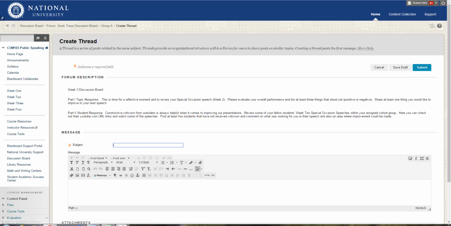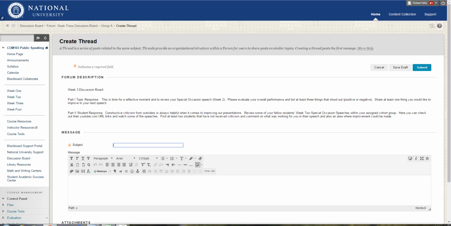There, the information pops up. It says it's time to reflect on your speech from week 2 and review classmates from week 2. So it's the same thing. We are reviewing the speeches from the previous week in the next week, if that makes sense. All right, so that's how you do the discussion boards, and that's how they work.